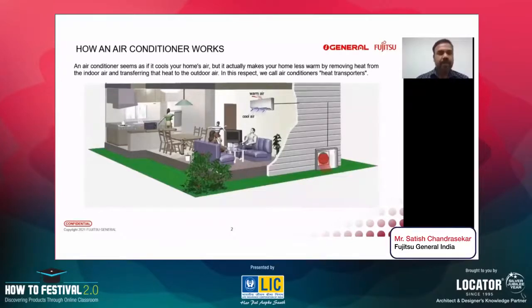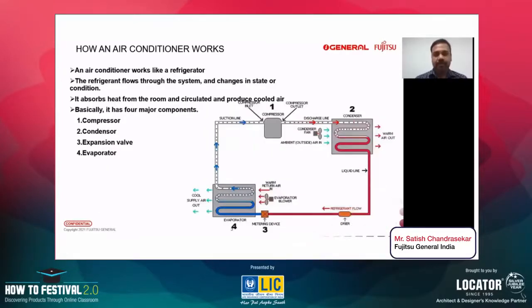If you look at the circuit of an air conditioner, it has four major components: a compressor, a condenser, an expansion valve, and an evaporator. I won't get too much into the technical aspects because you won't be needing that.